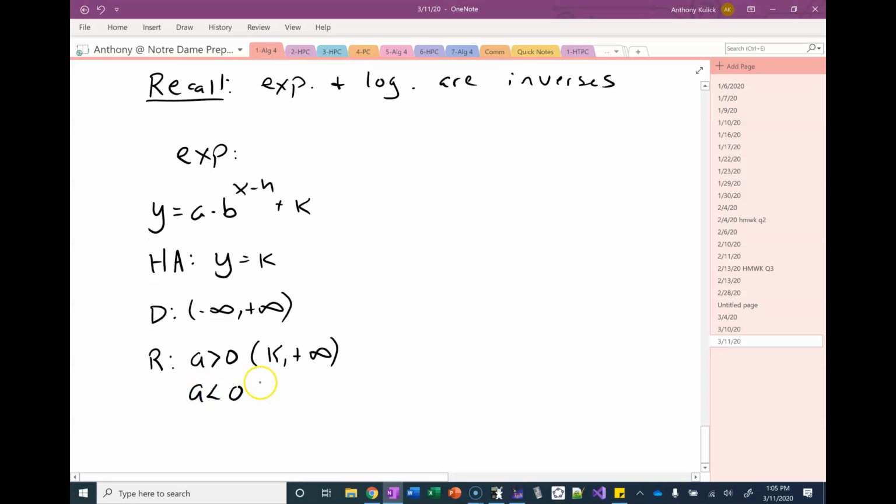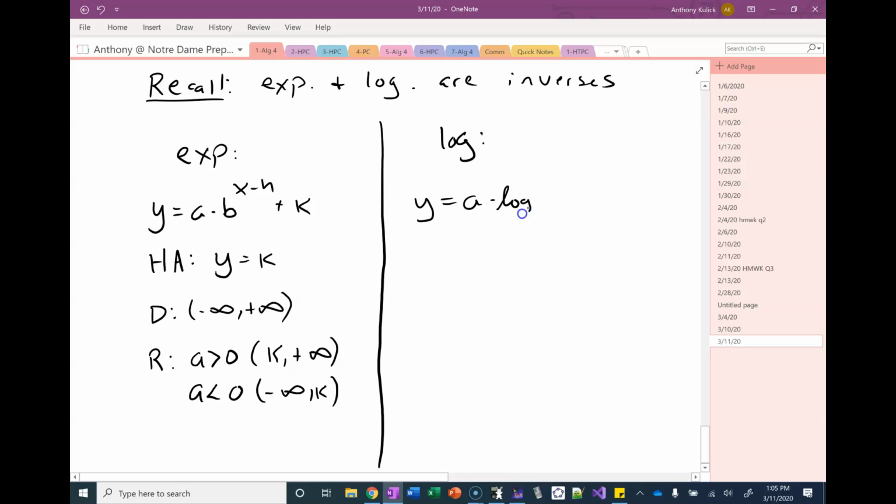And if a is less than 0, it's everything below the asymptote. So our general form for a logarithmic function is y equals a times log base b of x minus h plus k.